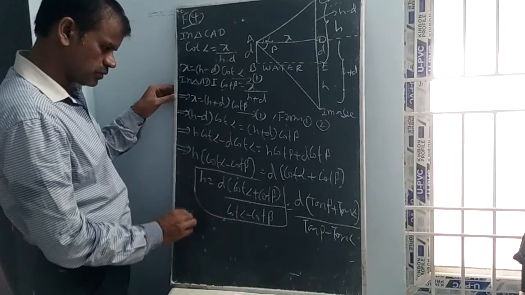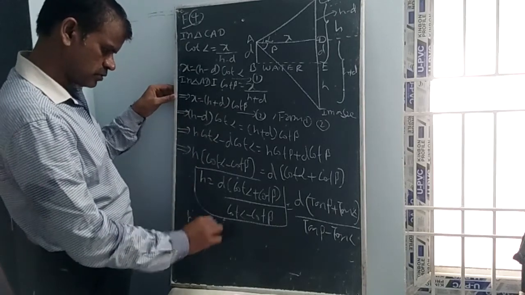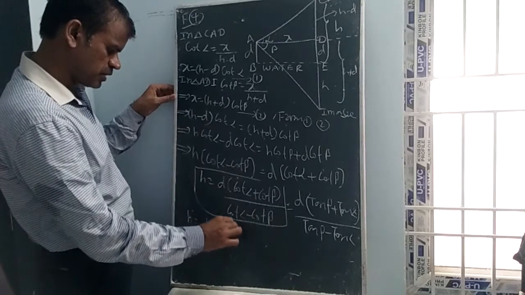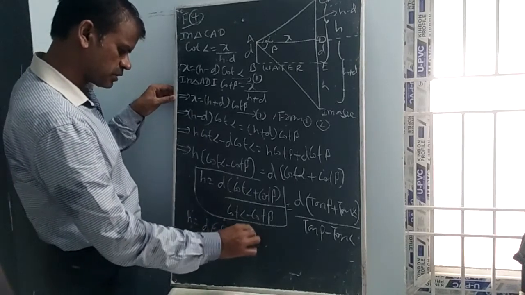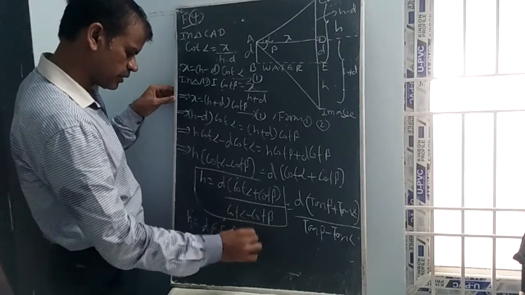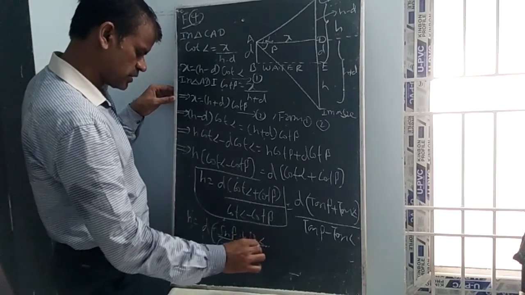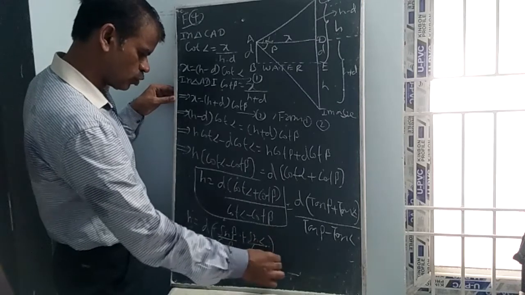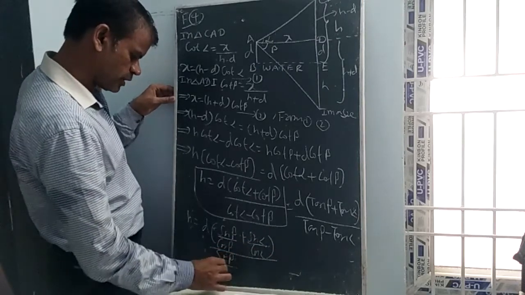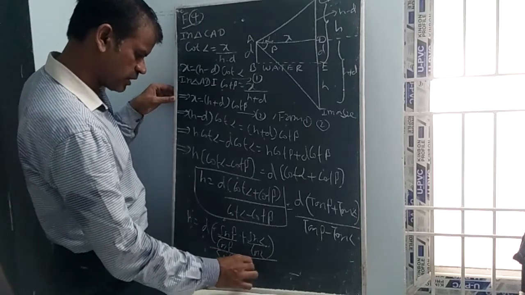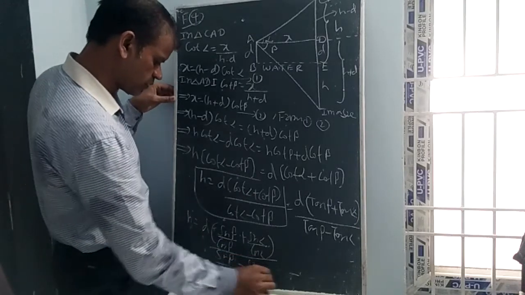So h is equal to d into sin beta by cos beta plus sin alpha by cos alpha, whole by sin beta by cos beta minus sin alpha by cos alpha.